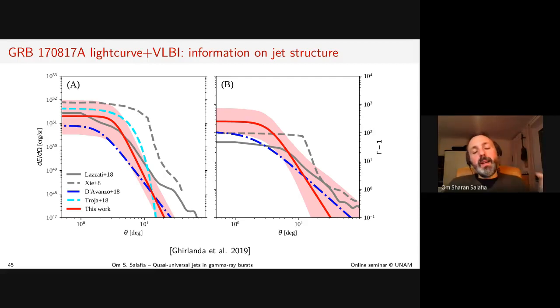And so by narrowing down these degeneracies, the uncertainty is also reduced on the other quantities.